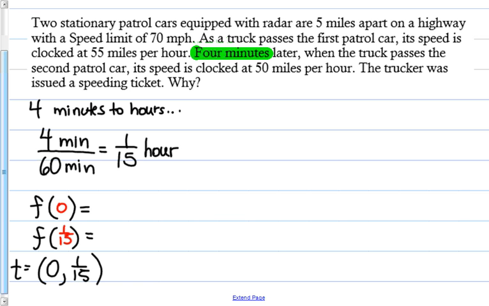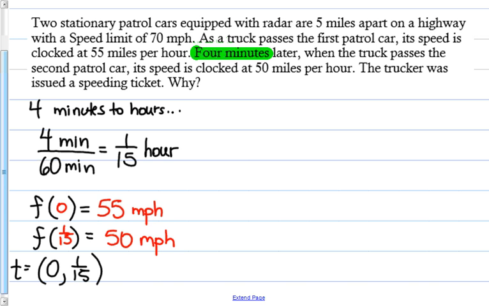The first time that the truck passed the first patrol car, its speed is clocked at 55 miles per hour. So at time equals 0, 55 miles per hour. The second time, it was clocked at 50 miles per hour.